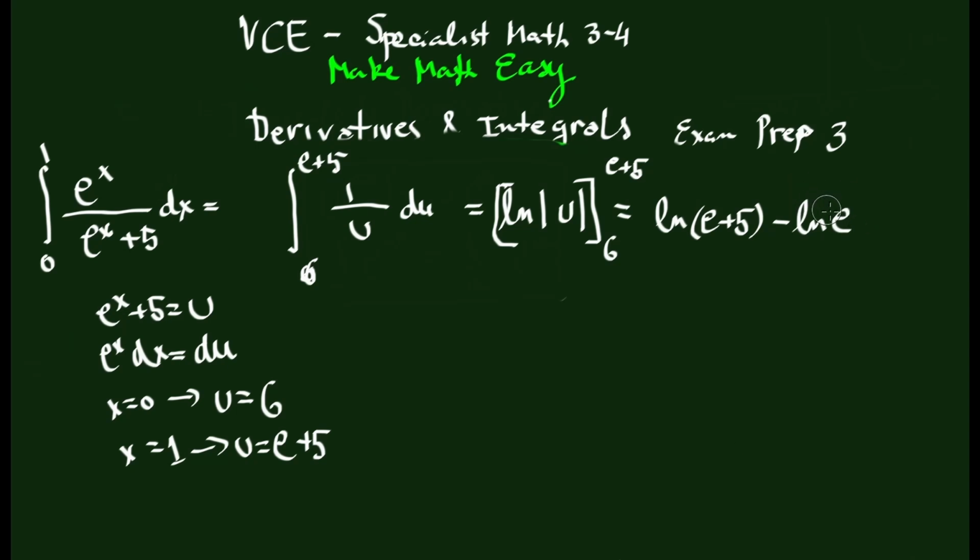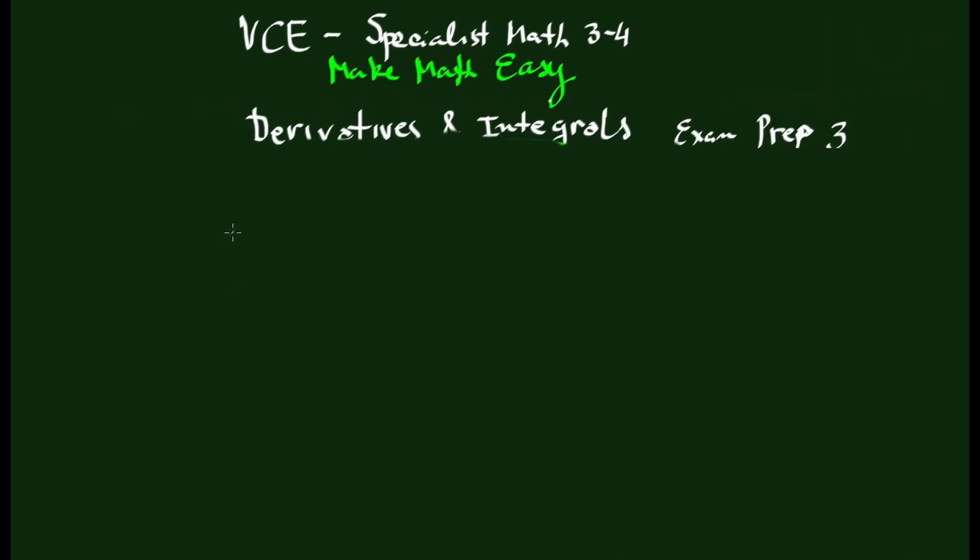Using the rules for ln with minus and plus, we don't need the absolute sign anymore, so it's ln of e plus 5 divided by 6. And that's it.